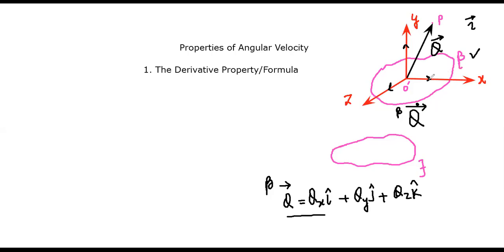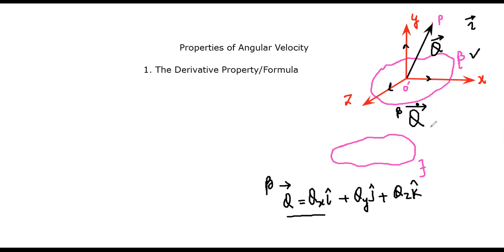This is important. So the vector which is defined in the beta frame of reference is being differentiated in the frame of reference in which it is defined. This is vector Q, its derivative is written with a dot at the top of it, and it's with respect to beta. This may be a velocity vector, acceleration vector, or anything else.